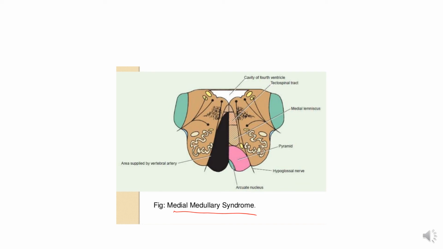Thrombosis of the medullary branch produces the following signs and symptoms. Contralateral hemiparesis, that is, the pyramidal tracts are affected in the pyramid. Contralateral hemiparesis, because they decussate. Contralateral impaired sensation of position and movement and tactile discrimination, because the medial lemniscus is affected. And ipsilateral paralysis of tongue muscles with deviation to the paralyzed side when the tongue is protruded, that is, the hypoglossal nucleus is affected.